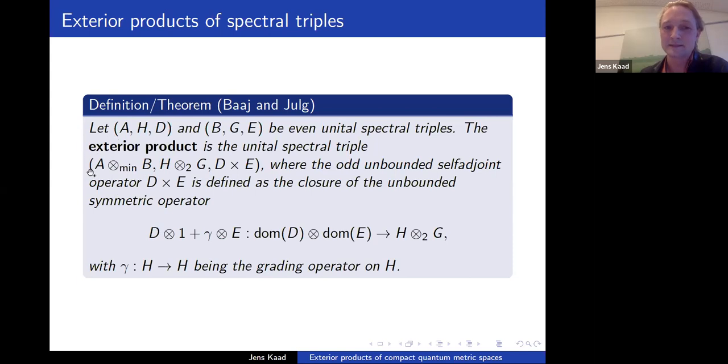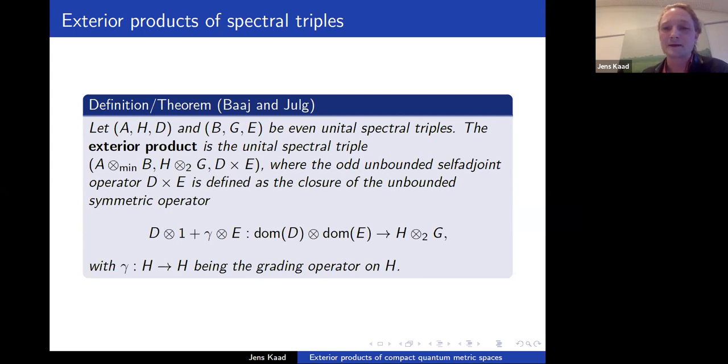The correct C star algebra is the minimal tensor product of A and B. It acts on the Hilbert space tensor product of H and G. And then you have this unbounded product operator, D times E. So this is an odd unbounded self-adjoint operator acting on this Hilbert space tensor product.